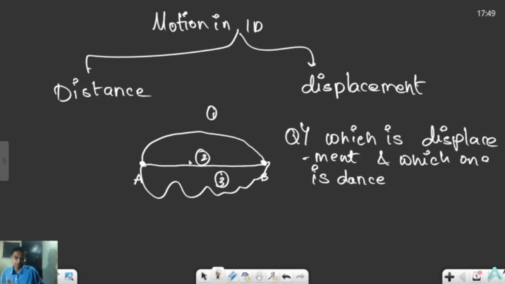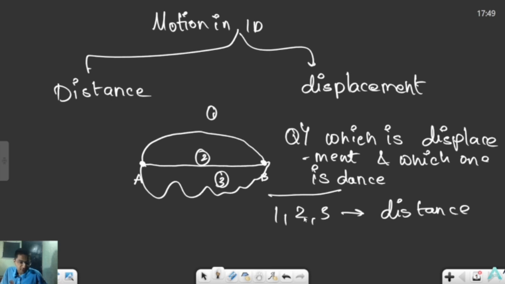The answer is that all three, 1, 2, 3, are distance, because the basic definition of distance is the path you take to travel from the initial point to the final point. But out of all these three paths, the second path is the shortest to go from point A to B. So this is displacement. Displacement is nothing but the shortest distance.